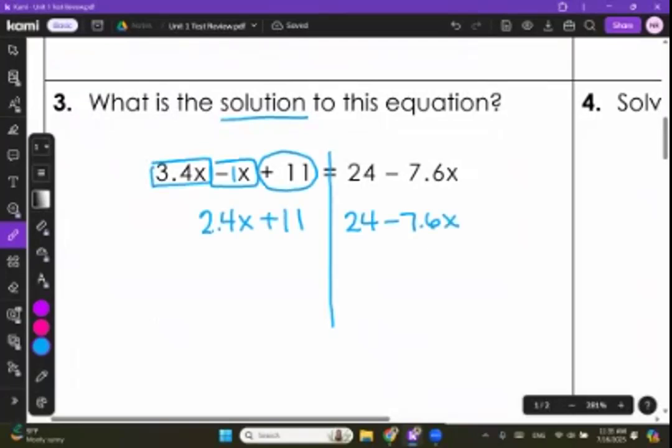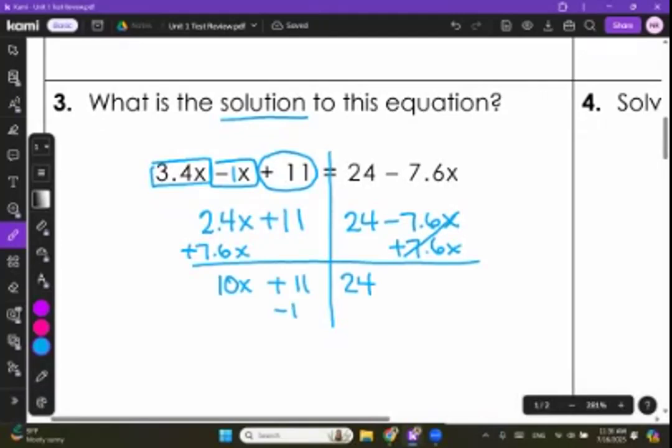Now that we're down to two terms on each side, you go from small to large. Between a negative and a positive, I'm going to move the negative one for sure. So that's going to give us 10x. And we subtract the 11.